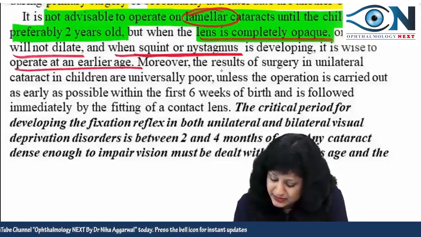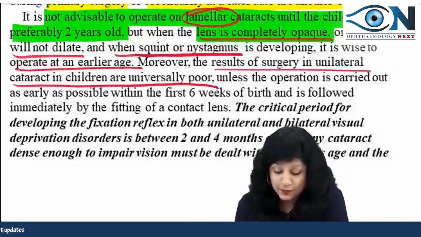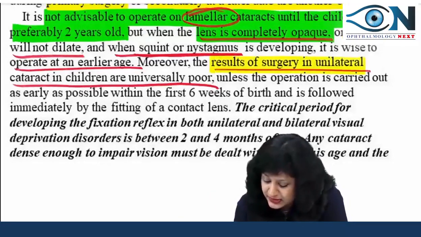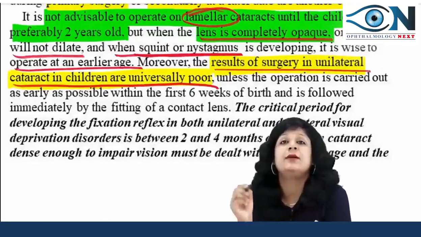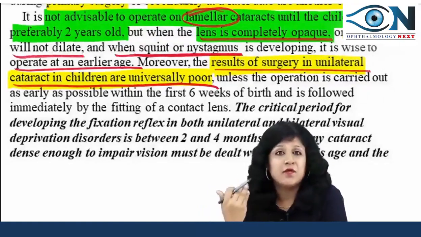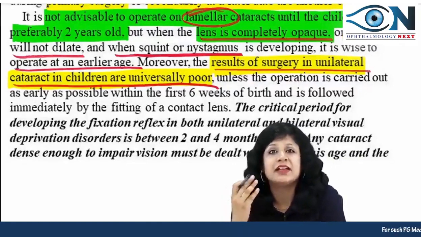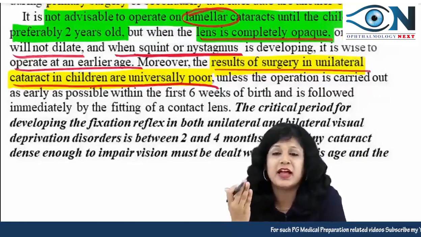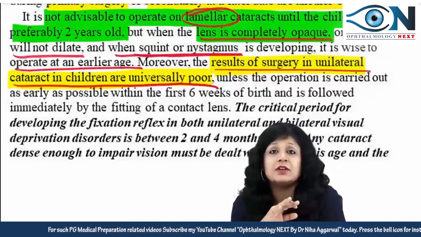Moreover, the results of surgery in unilateral cataract in children are poor. As far as prognosis is concerned, the results of surgery in cases of unilateral cataracts are poor, maybe due to dense amblyopia, because when we have a cataract on one side, the child has a preferred eye and the other is not being used.